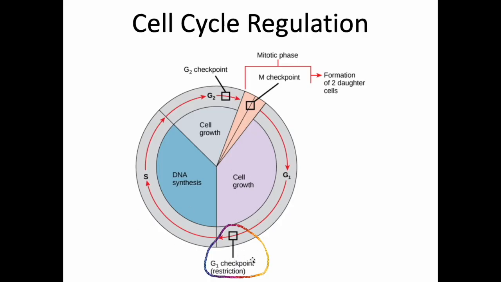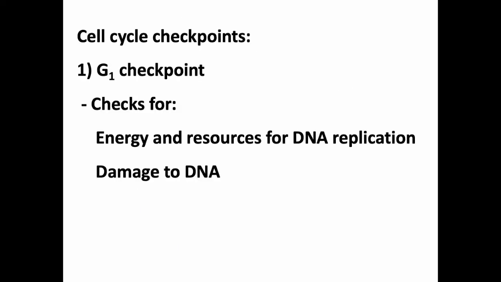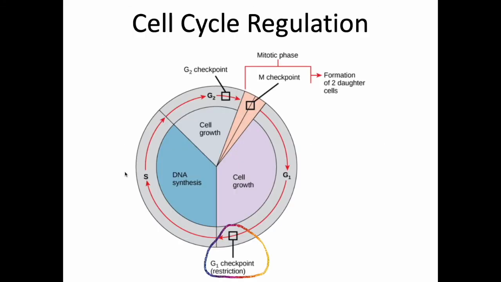The first of these is something called the G1 checkpoint. And wouldn't you know it, it happens in G1, near the end of G1. The G1 checkpoint is checking for energy and resources for DNA replication and for damage to DNA. So again, just think about this logically. If you're going to finish off G1, that means you're going to proceed into S phase, where you're going to replicate all the DNA.